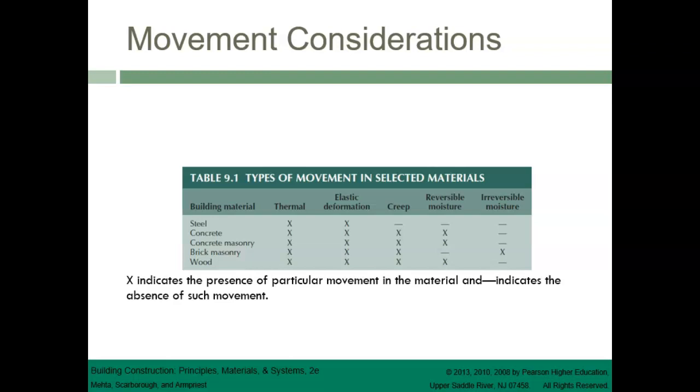In concrete masonry, thermal, elastic deformation, creep, and reversible moisture must be considered in the design of construction joints. Where X is indicated, the presence of a particular movement must be considered in that material.